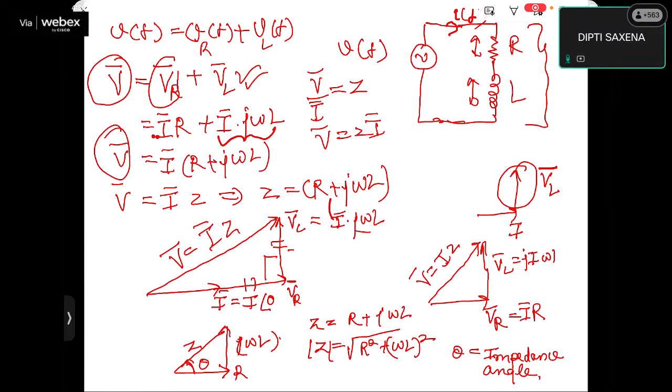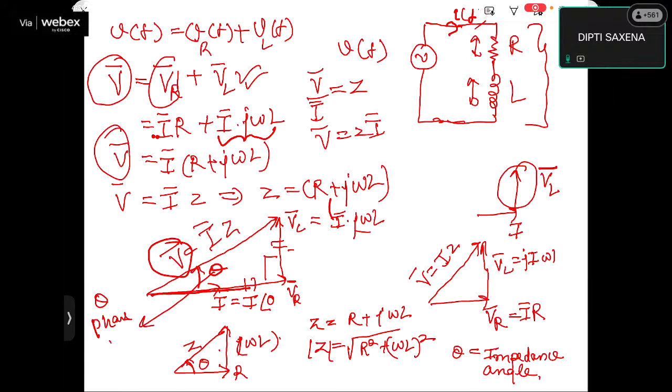Also look here, this is the applied voltage. This is the direction of applied voltage across the RL circuit. This is the current. So the phase displacement between the current through this RL combination and the voltage across this RL combination is also theta, because the impedance triangle is derived from the above triangle. So this theta is the phase difference.